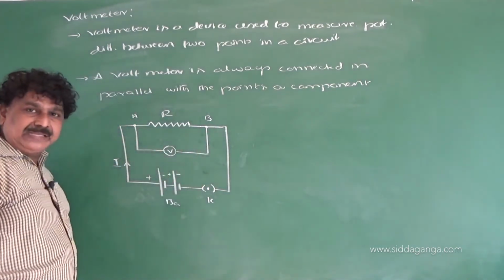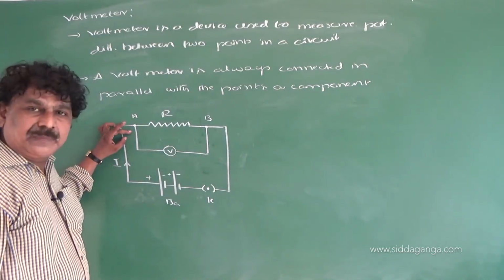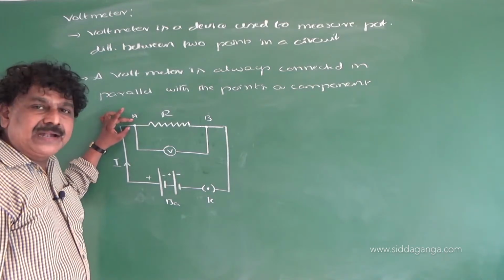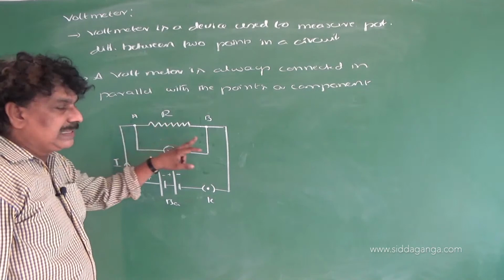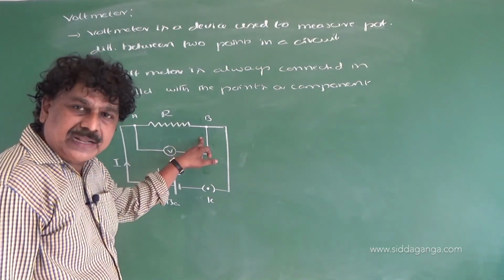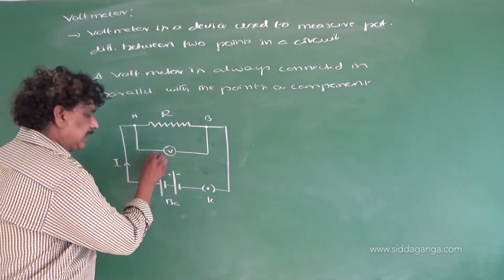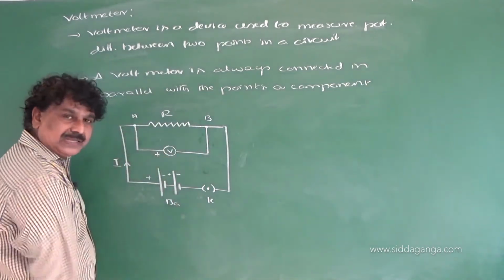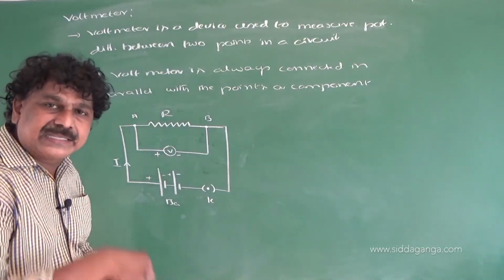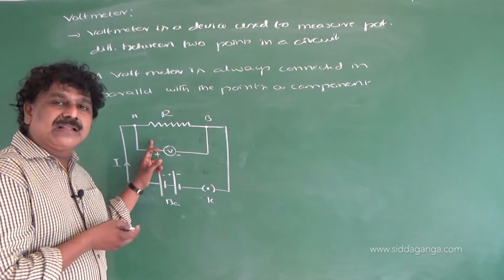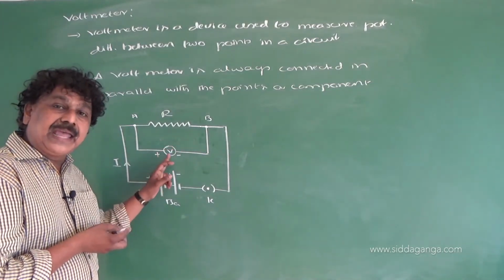That means one end of voltmeter and one end of resistance are common. The other end of voltmeter and the other end of resistance are common. Now this is positive, this is negative, right? Just as in the case of ammeter, here also there is a scale and a pointer.